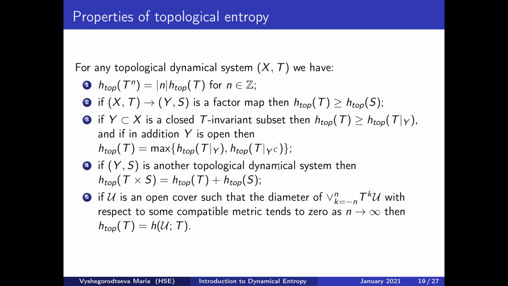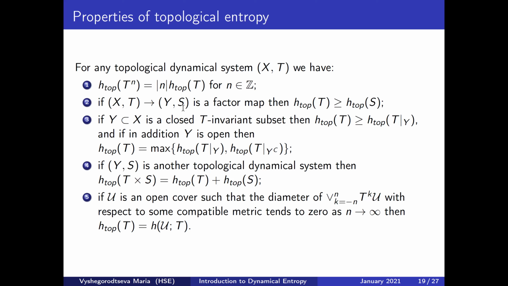Probably I won't prove all of them, but they're very similar to the properties of dynamical entropy. The first one is exactly the same as we have discussed for dynamical entropy.